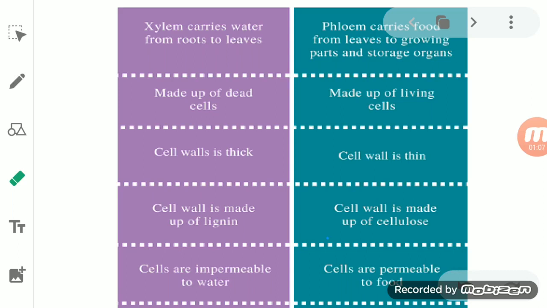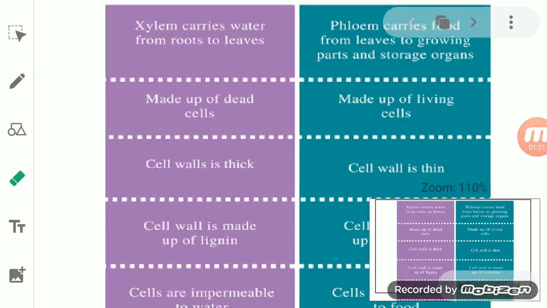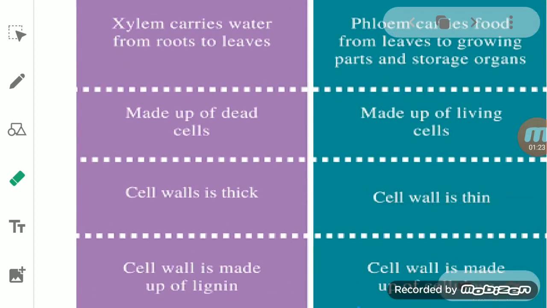Now we will see the basic difference between them. Students, xylem carries water from the roots to the leaves, and phloem carries food from the leaves to the growing parts and storage organs.